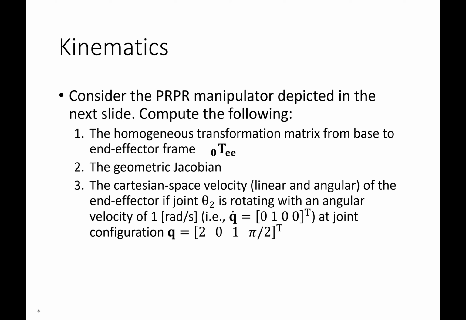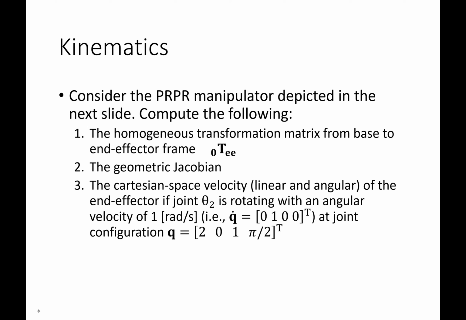Then compute the geometric Jacobian, and then using the geometric Jacobian, compute the Cartesian space velocity, so the linear and angular parts of the end effector, if joint 2 is rotating with an angular velocity of 1 radian per second.